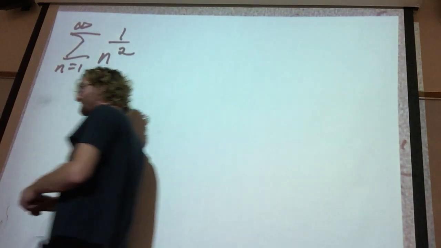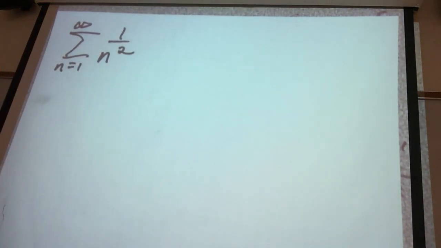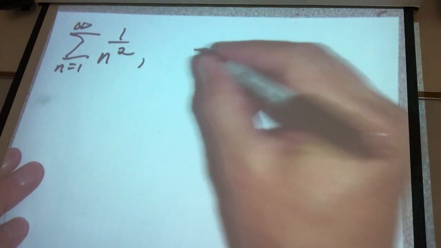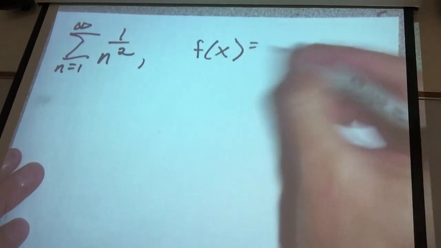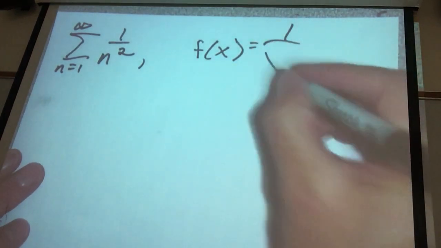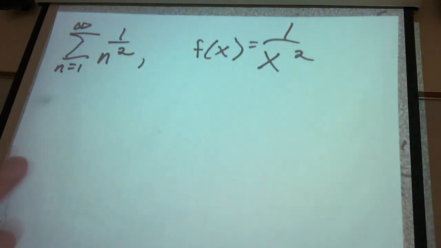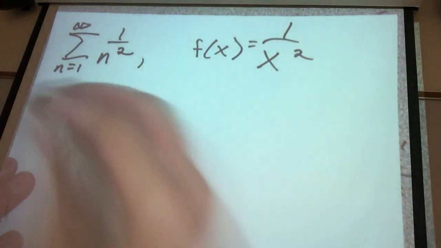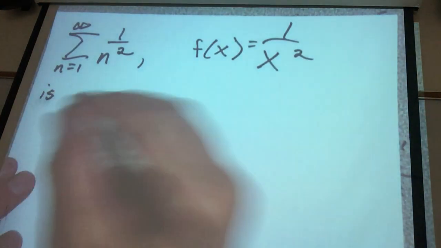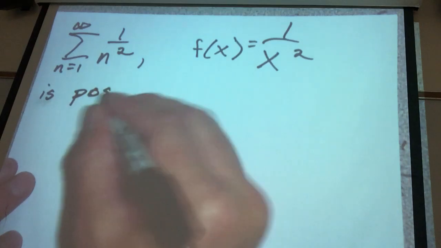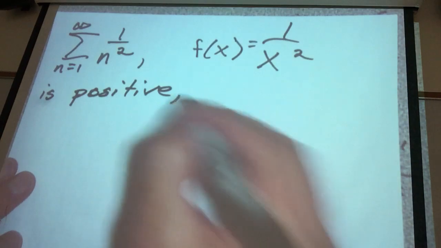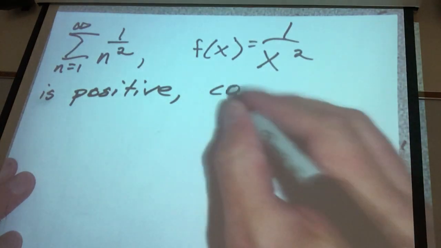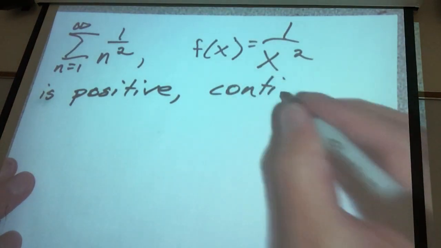Now, f of x, what would our f of x be? F of x would equal 1 divided by x squared. It is positive, continuous on the interval that we're considering.